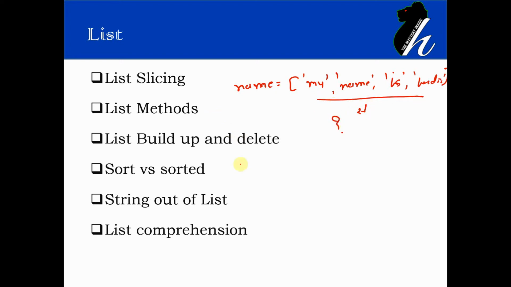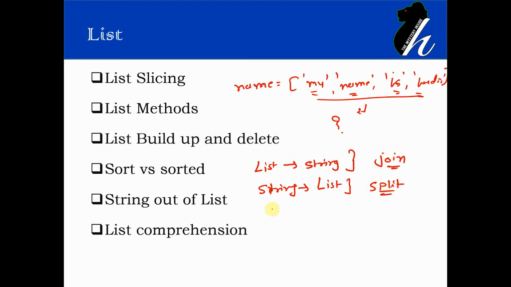Whenever we wanted to generate a string out of a list, so list to string, then we are going to use the join method. We wanted to join the elements and generate a single string. And whenever we have got a string and we wanted the reverse, to generate a list out of the string, then we need to use split.